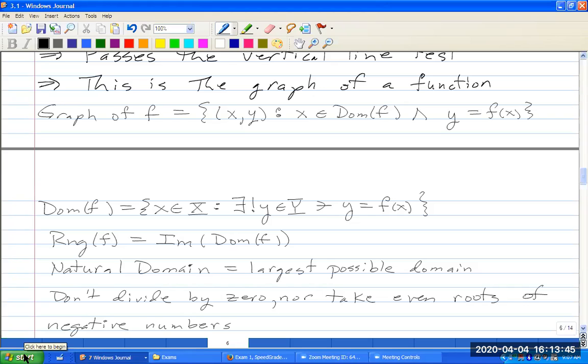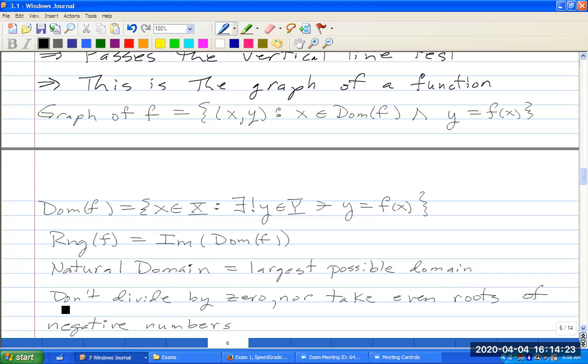Sometimes we have a function, but it's just given by some rule, and we don't explicitly tell you what the domain is. If that occurs, then we will assume that it's endowed with the natural domain. The natural domain is the largest possible domain. So it is the set of all x's for which f of x, for which y, makes sense.